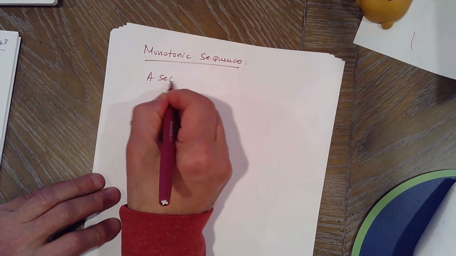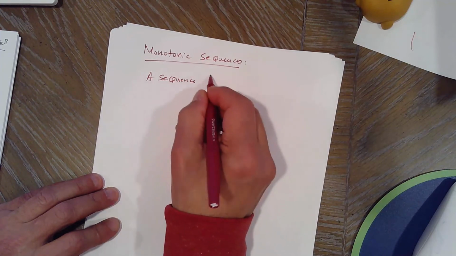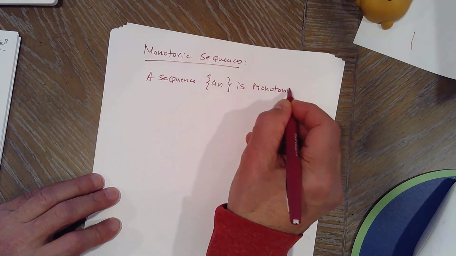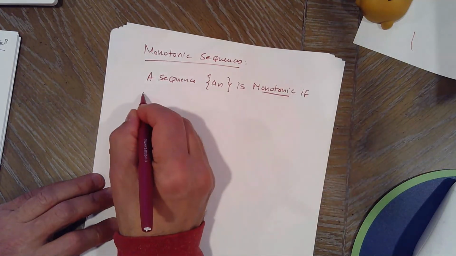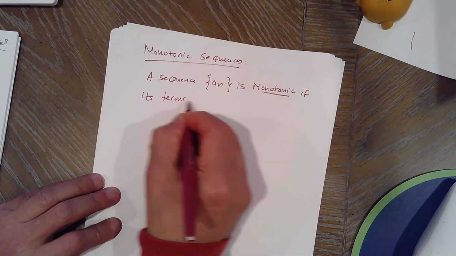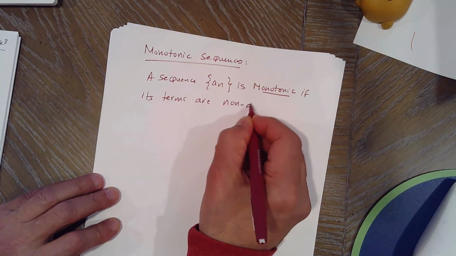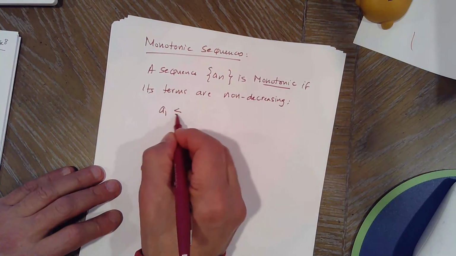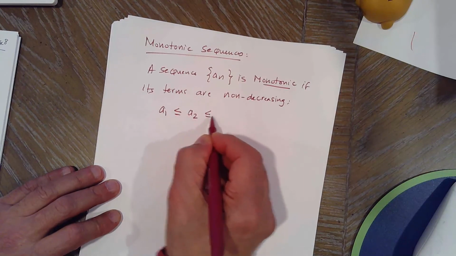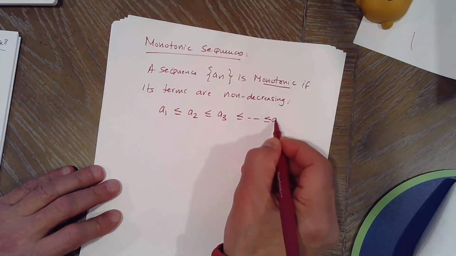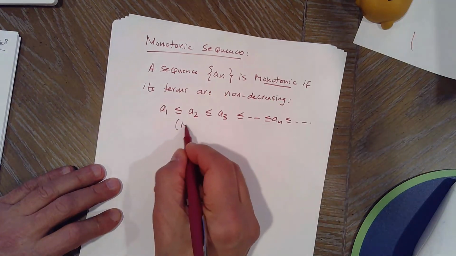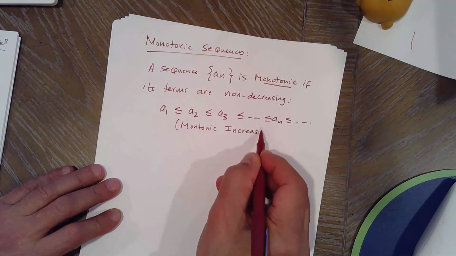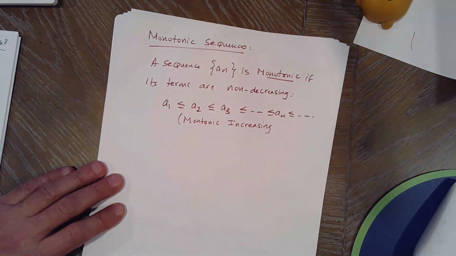A sequence a_n is monotonic if its terms are non-decreasing, which means increasing or staying the same, like a_1 is less than or equal to a_2, less than or equal to a_3, less than or equal to a_n, and so on. This would be monotonic increasing, because as you go from left to right, your sequence is increasing.